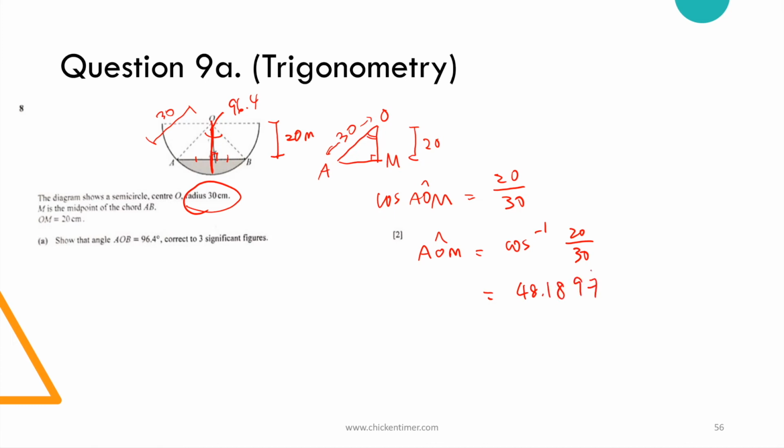So one of these is 48. Because these two angles are identical, as they are congruent triangles, AOB is 48.1897 times 2, which is 96.38.